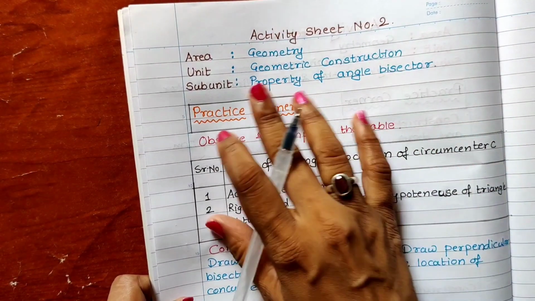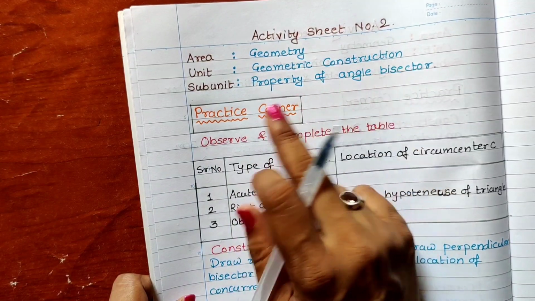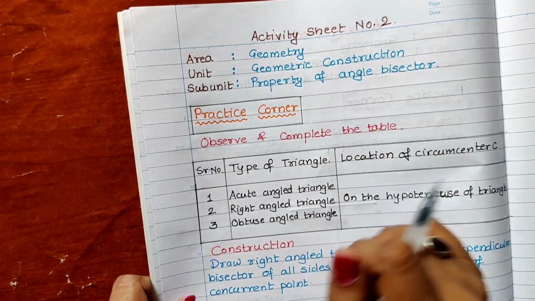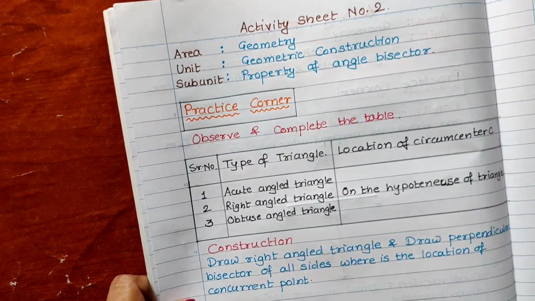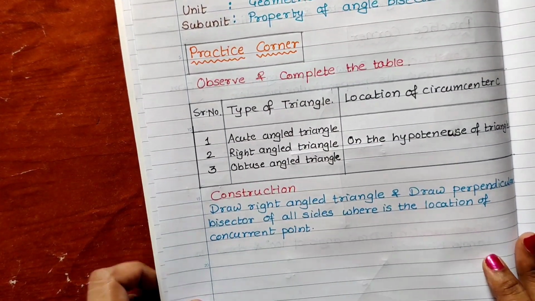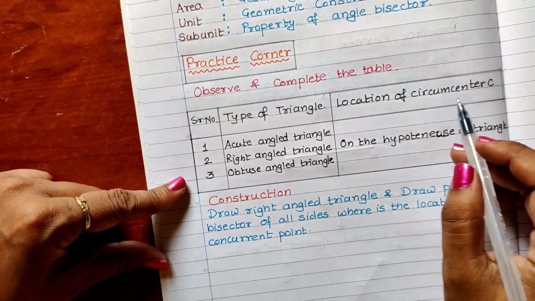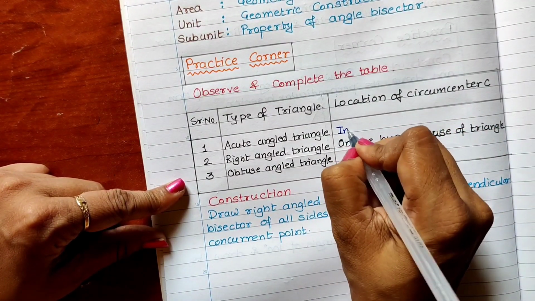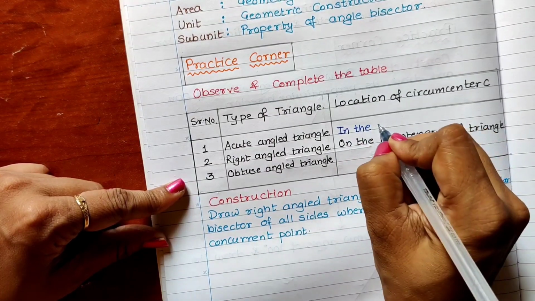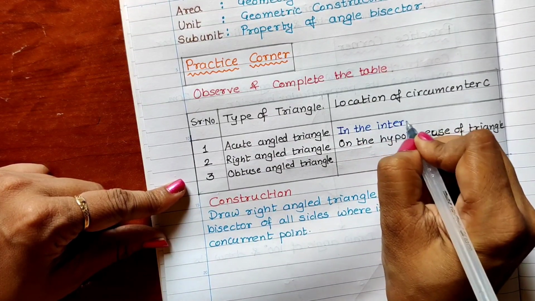Area is geometry, unit is geometric construction and subunit is property of angle bisector. You have to write practice corner, observe and complete the table. Just now I have explained it to you. So in acute angle triangle, the location of circumcenter is in the interior of triangle.